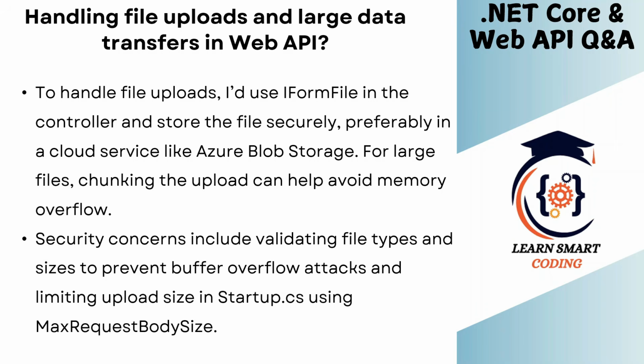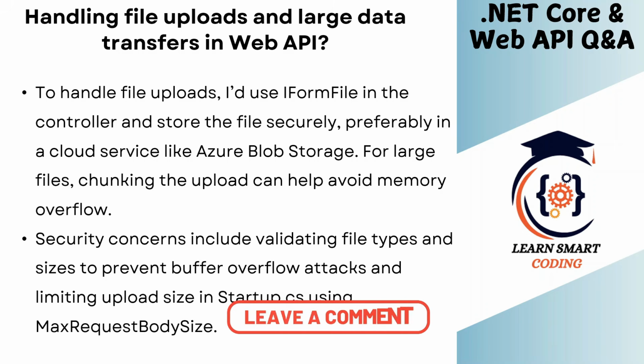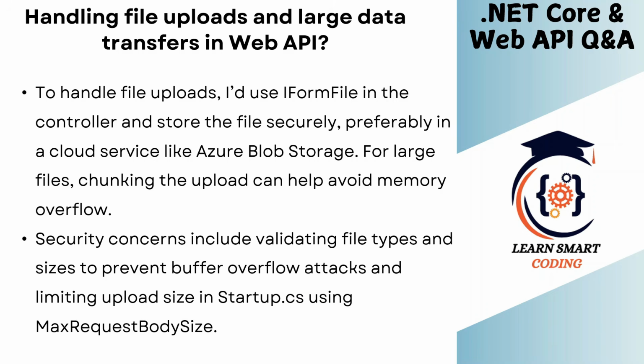For large files, chunking the upload can avoid memory overflow. Now, security concerns, including validating the file type and size, will help you prevent buffer overflow attacks, and limiting the upload size in startup.cs. Okay, now let's talk about the next one.